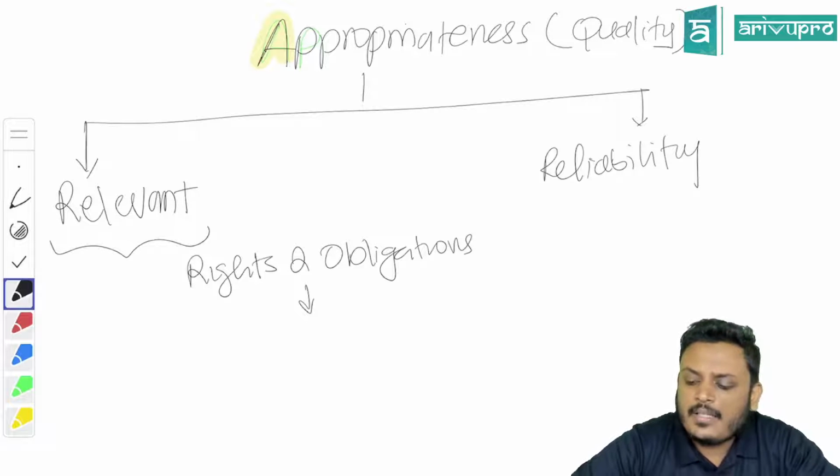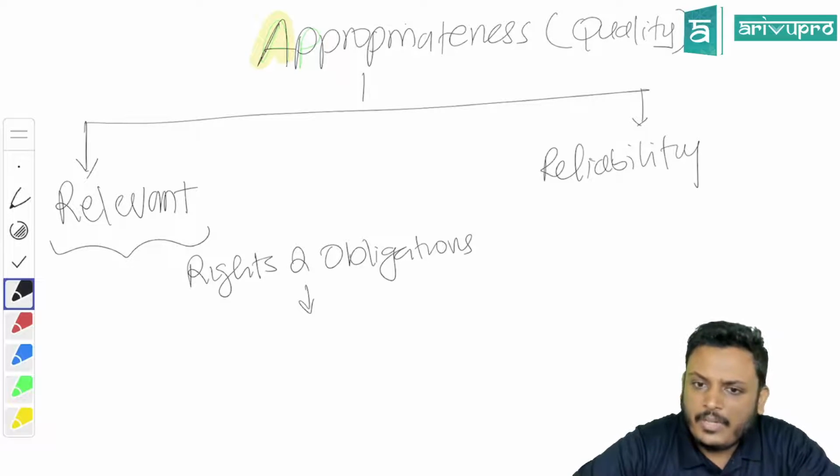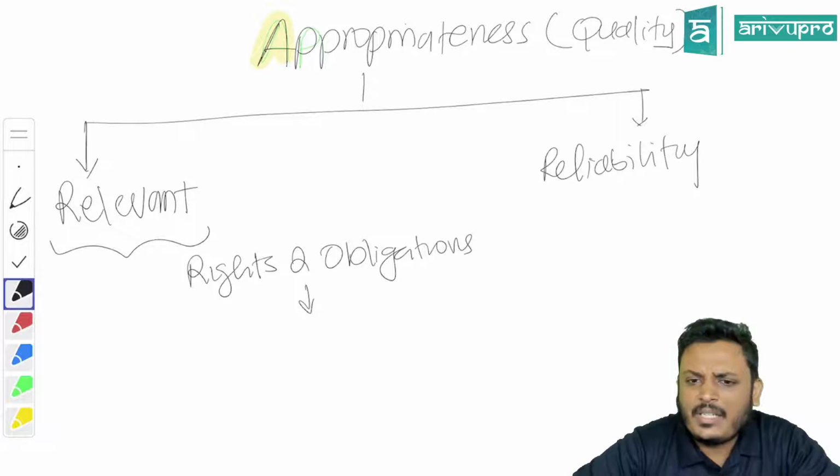Let's take rights and obligations as a balance sheet assertion. If you are confused by these assertions, don't worry. In this topic itself, audit evidence, we're going to discuss assertions in detail. If you didn't understand this point now, just look at the video clips at the end of the audit evidence video, there are 3 of them, I guess.